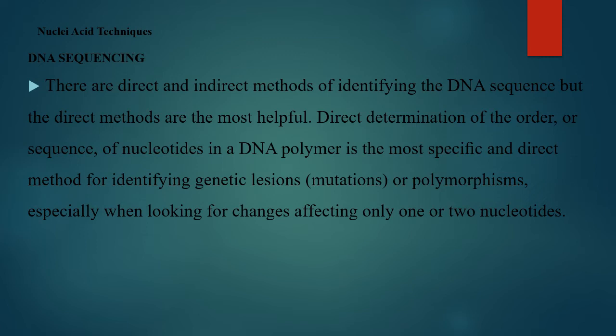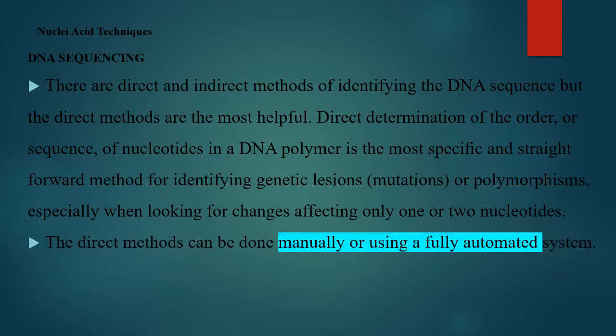So when looking for changes affecting only 1 or 2 nucleotides, if you do the direct one, you can identify the changes found in just a single or 2 nucleotides that have changed, and just that one can cause a mutation. So that's the relevance of the direct sequencing method.